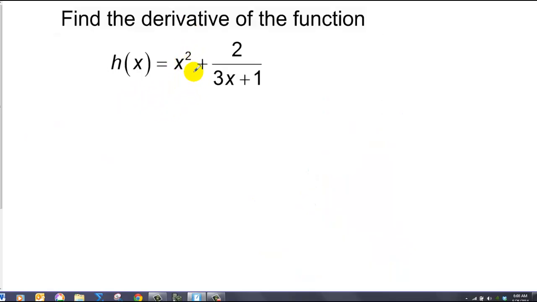In this function, you'll notice we have the sum of two functions, one of which is a fraction. I'm going to independently take the derivative of each term and then add them together. For this second function here, call this w if you will, we'll say the f is 2 and the f prime is 0.